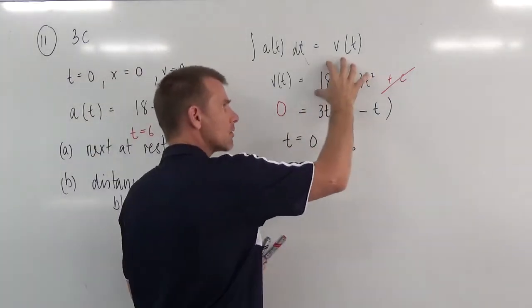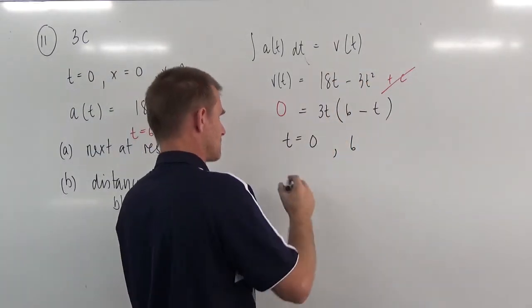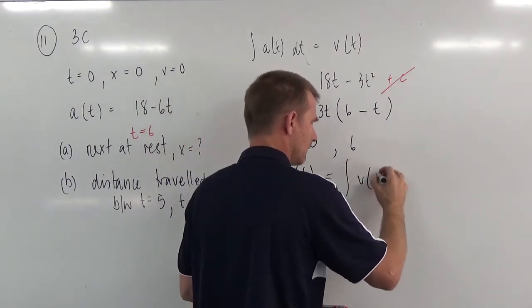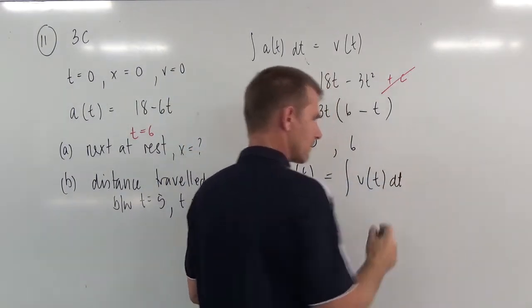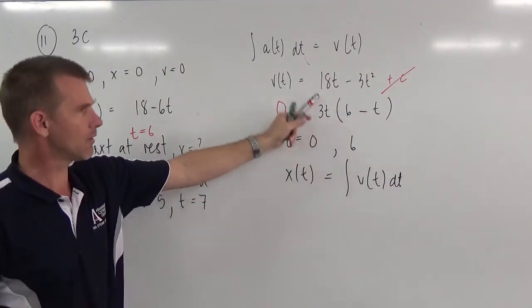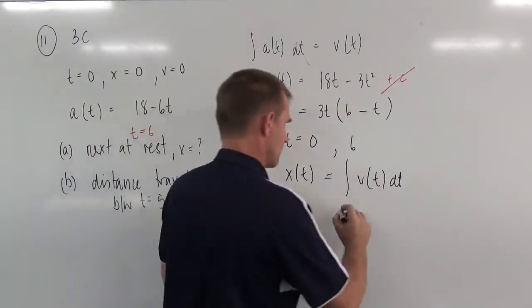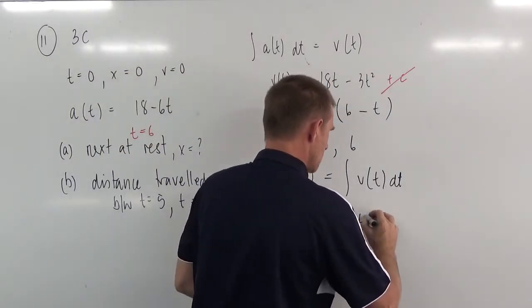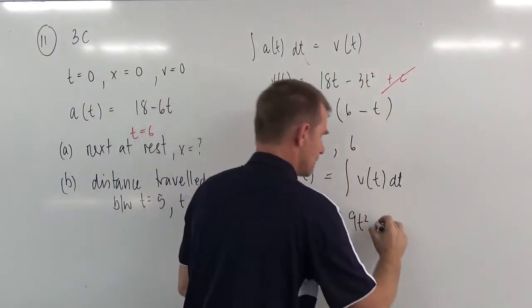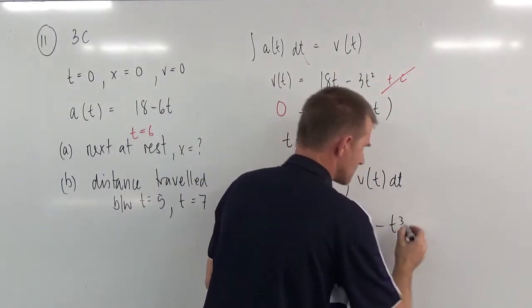Then it says, what's the displacement at that point? Well, I've got to integrate this to get displacement. Wouldn't the displacement formula be the integration of the velocity formula? Raise the power and divide by the new power, 9t squared. Raise the power and divide by the new power, minus t cubed.